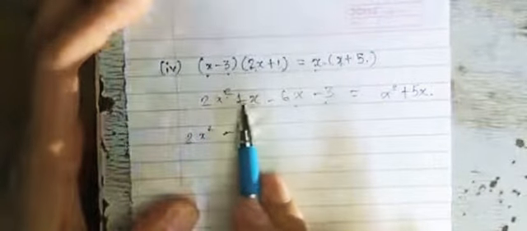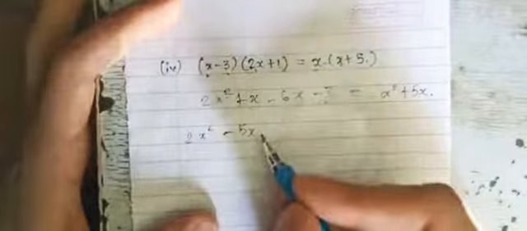Now 2x square, x minus 6x will become minus 5x. How? The coefficient of x is 1, and 1 minus 6 is minus 5. So minus 5x minus 3 is equal to x square plus 5x. Okay, now bringing all these terms to the left-hand side.